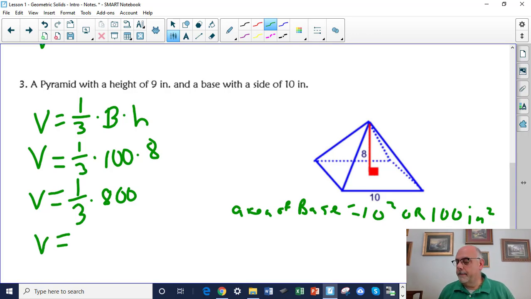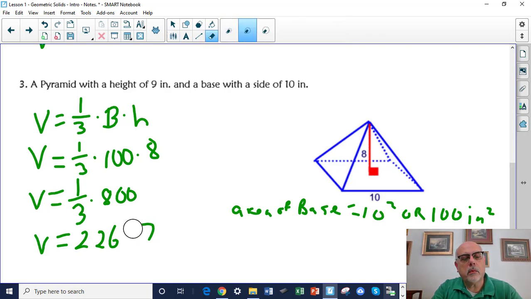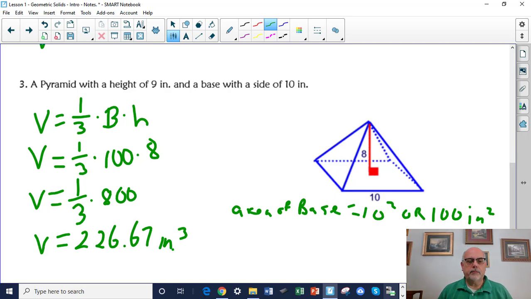I didn't do this problem yet. Volume is 266.67 inches cubed. Okay. Once you write the formula out, it's a calculator problem.